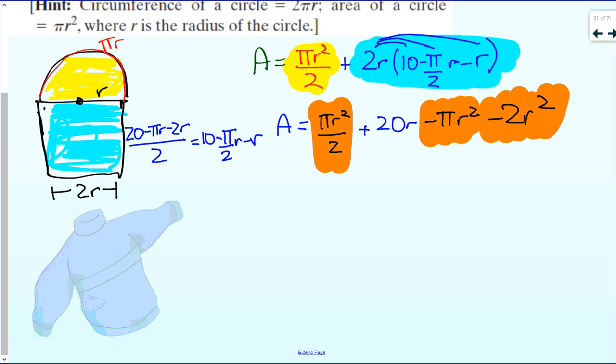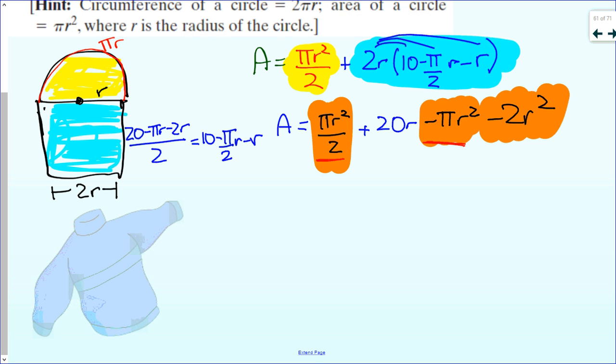So if you add together pi halves and negative pi, that is like adding together 1/2 and negative 1. So if you consider it 1/2 pi and negative 1 pi, what is 1/2 plus negative 1? Negative 1/2.